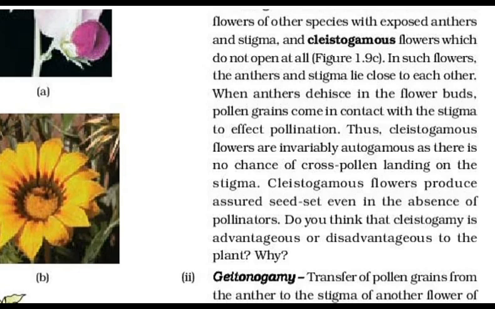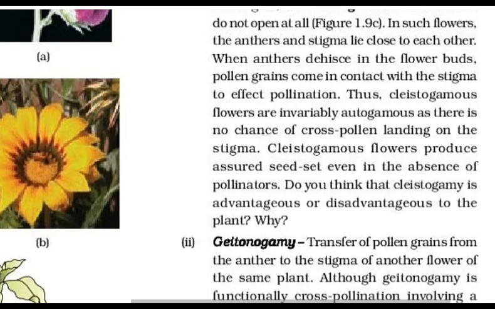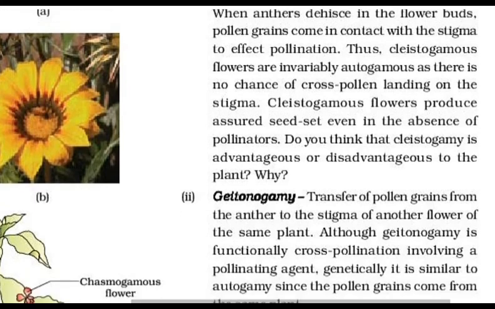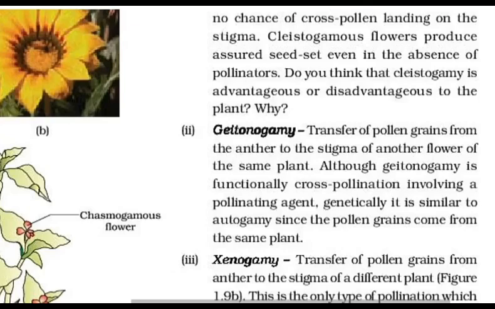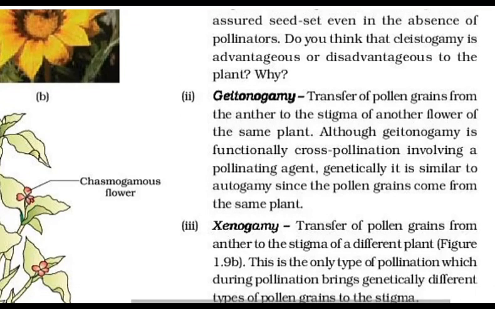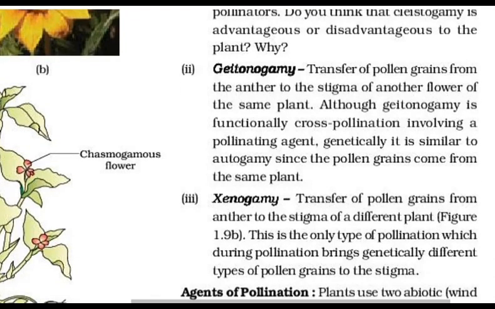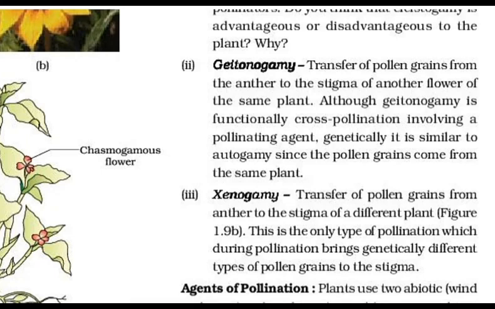After the 8-nucleate stage, cell walls are laid down, leading to the organization of the typical female gametophyte or embryo sac.